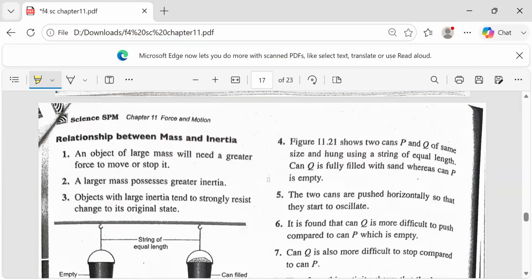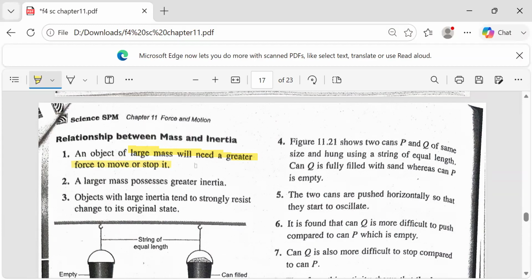Okay? An object of a large mass will need a greater force to move or stop it. You just imagine, if you are still on earth, is your father big or small? Very big. So you and your father are both sitting on the swing. Which one is easier to start? Of course it's you. But when you both have started, who is harder to stop? Your father. Okay?